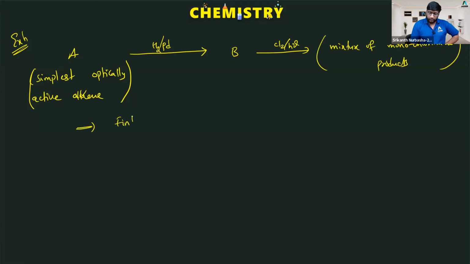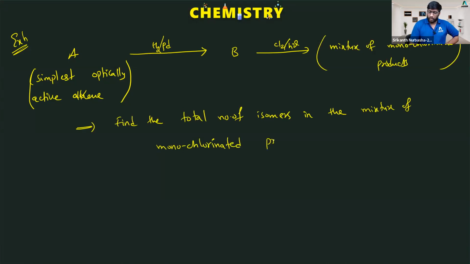Find the total number of isomers in the mixture of monochlorinated products, including stereoisomers.